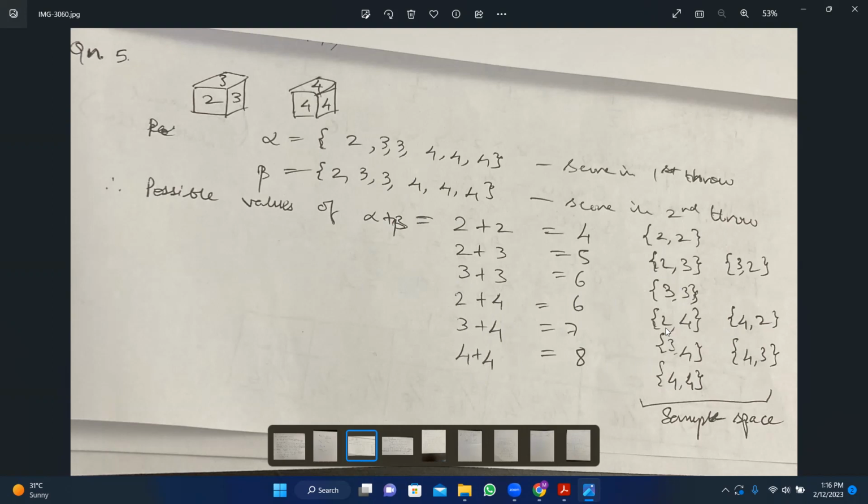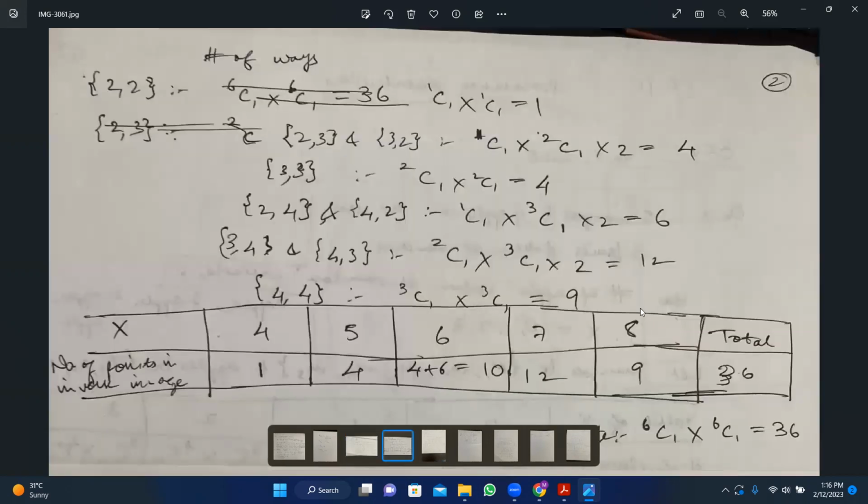So to find that, we go on to the next part of the solution. To get 2 comma 2, we know that only one face has 2. So from one face we are taking 1, so it's 1C1, and the second row also it's 1C1. So the answer is 1.